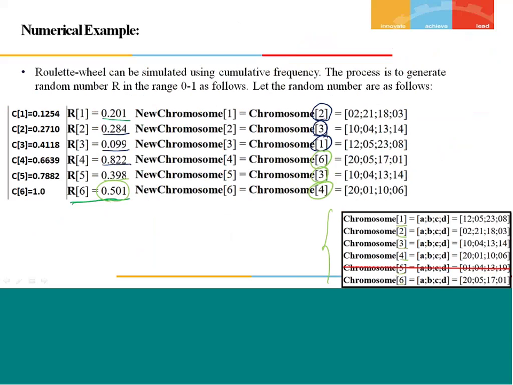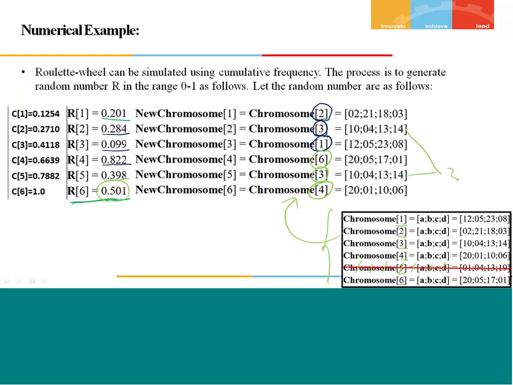I evaluated my fitness, I evaluated the probability, I turned the roulette wheel, and according to the roulette wheel I generated again 6 chromosomes, according to their fitness. Now you see that 5 has not appeared here, while 3 appeared twice. So it may be possible that those having the largest probability will reoccur again and again in the crossover process.